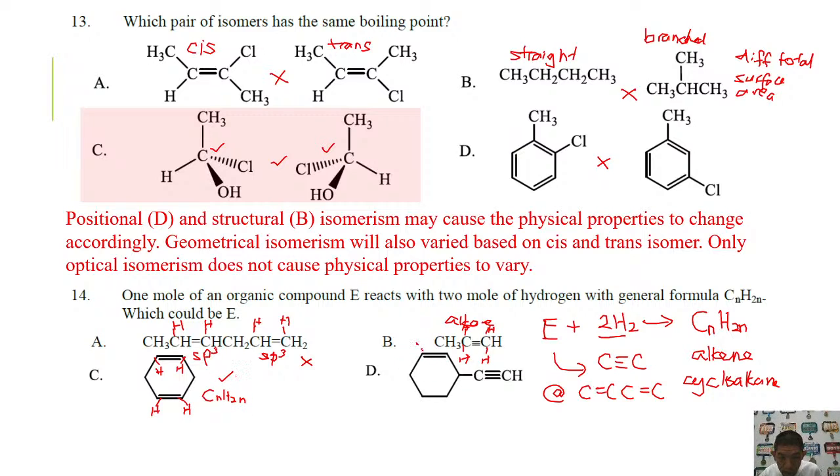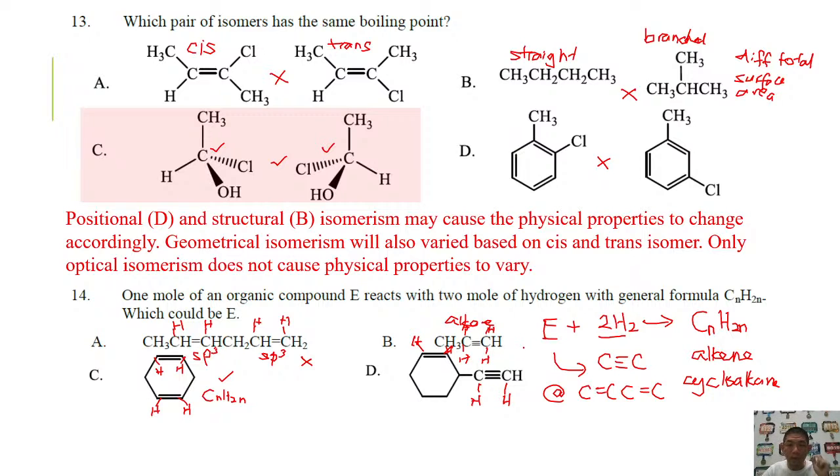And then for D, this one is a cycloalkane, okay? But at the end, you react with another triple bond. So in here, you only react with 2 hydrogen. So let's say if this one reacted, but this one does not, it still forms cycloalkene. So therefore, cycloalkene is not CnH2n.